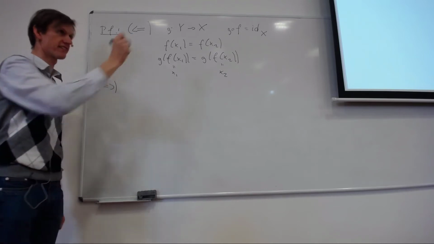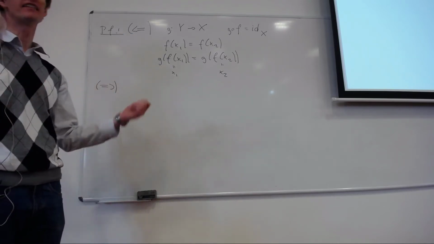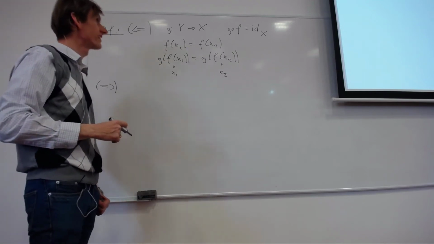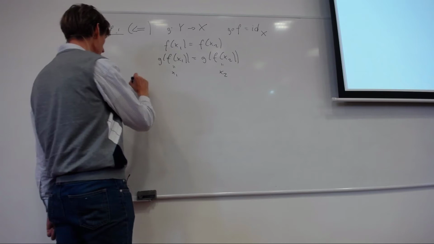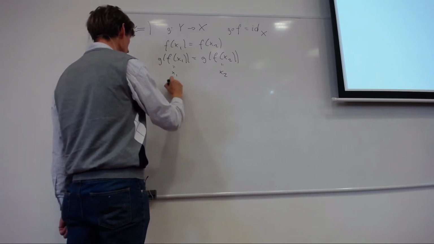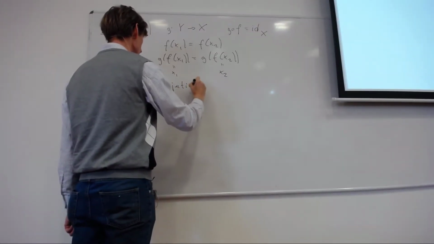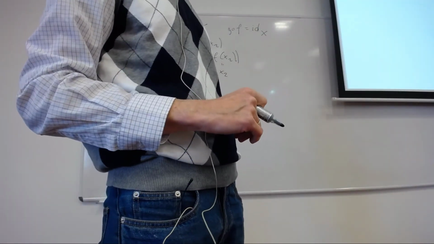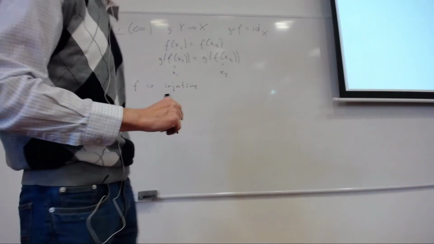The other way is also not difficult to show. It's very natural. So let's say that f is injective, and let's try to show that we have this left inverse. It's almost straightforward.